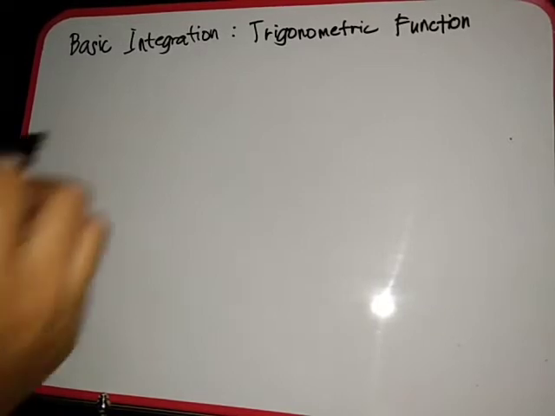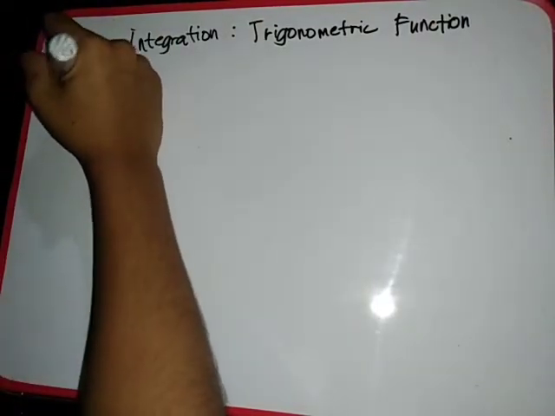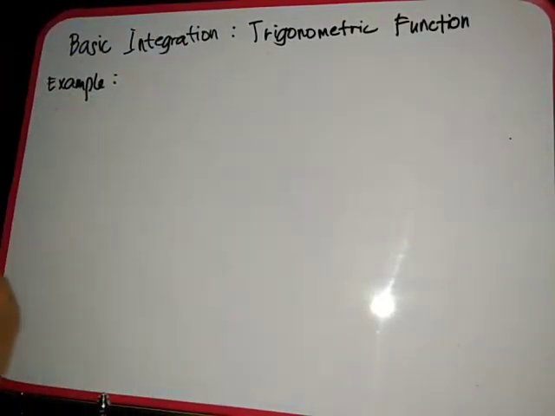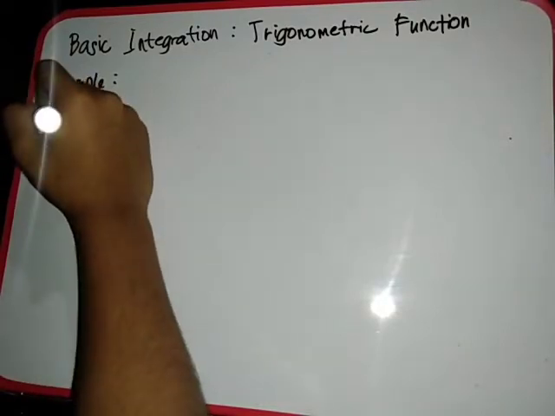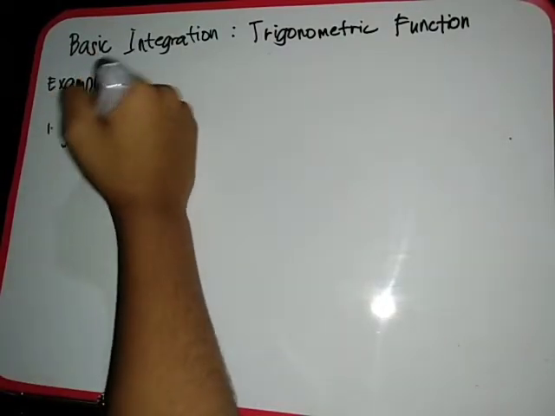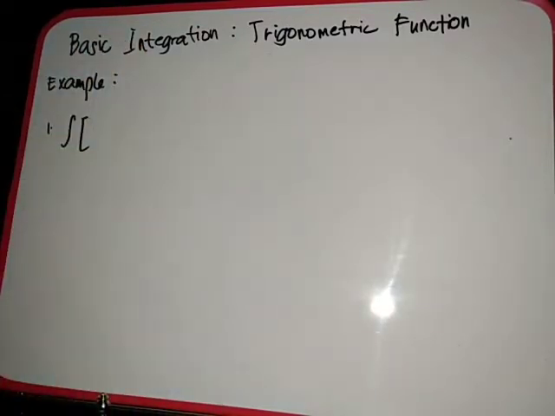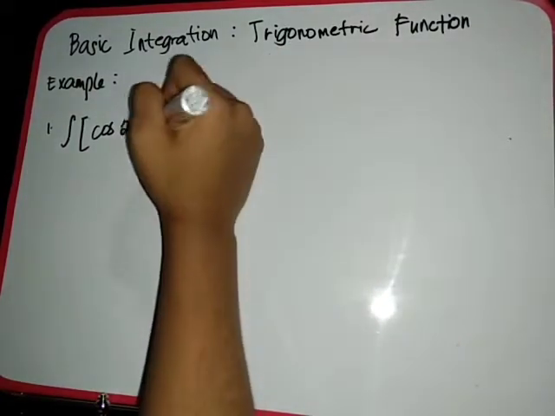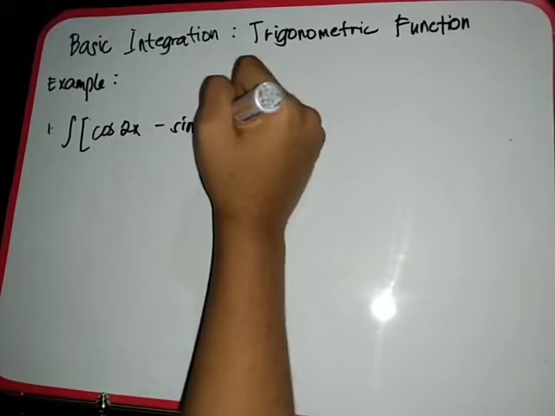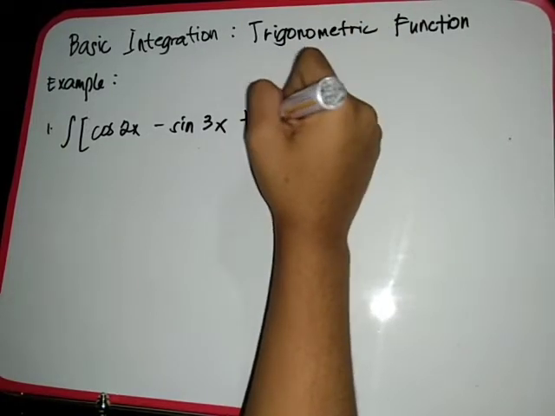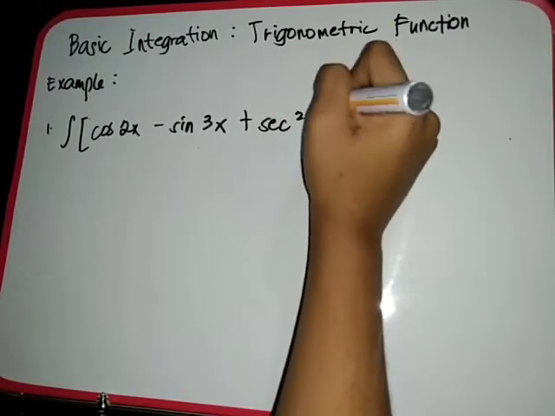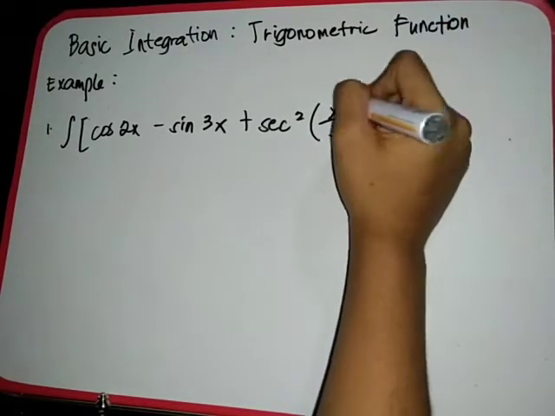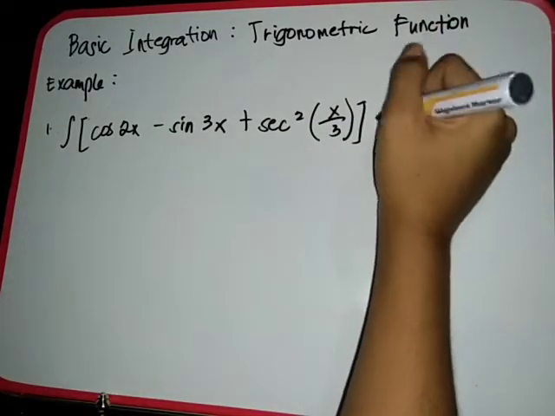Example for trigonometric functions: the integral of cosine 2x minus sine 3x plus secant squared x over 3 dx.